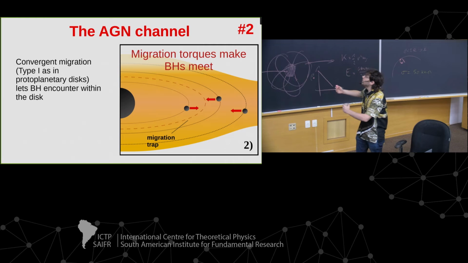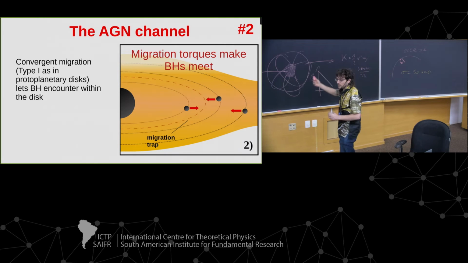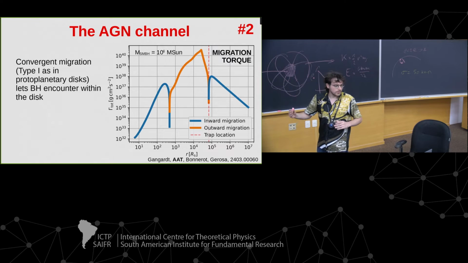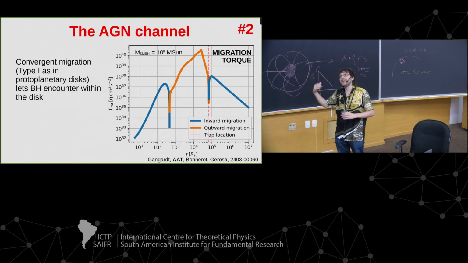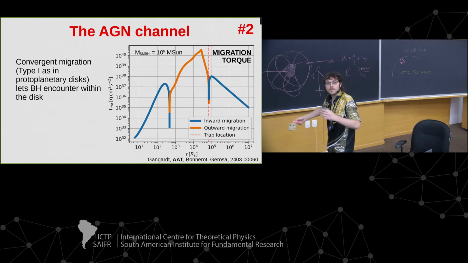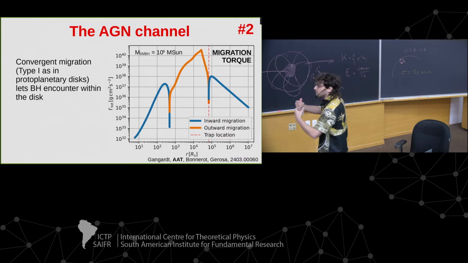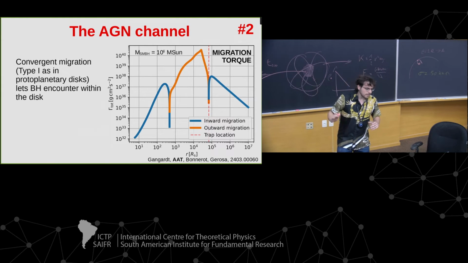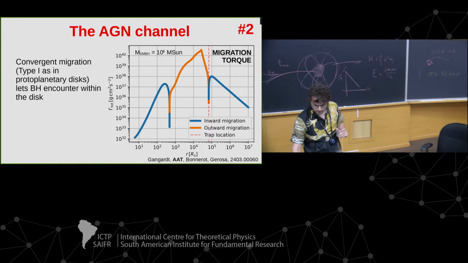If you have a region of the disk where a negative torque meets a positive one, then you have a migration trap, a radius towards which all black holes tend to migrate. And so you make them meet. You don't have to wait for them to just meet each other by chance. They are going to migrate to the same point and interact. And what happens there is still kind of uncertain.